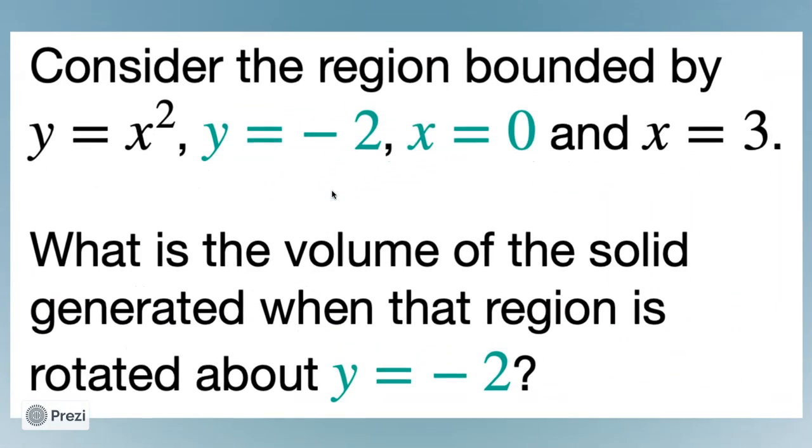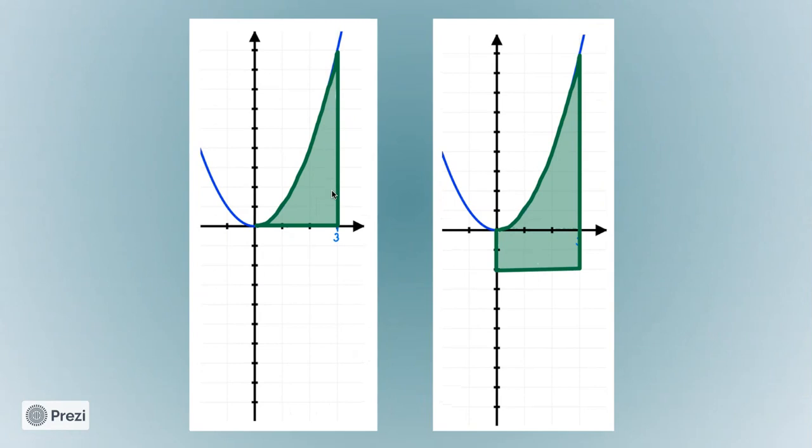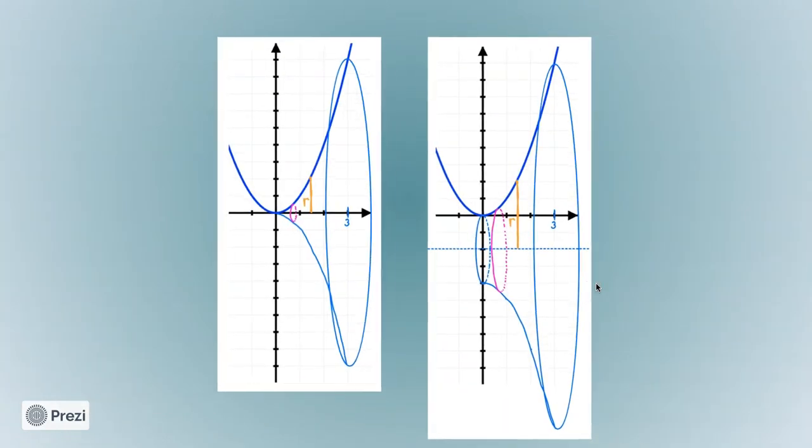So, what does it look like? The region used to be the triangle here, but we have now changed that. We have changed it by adding x equals 0 as a boundary, and instead of the x-axis we have y equals -2 as a boundary. So our region is slightly greater. Also, we used to rotate about the x-axis on the left, but now we are rotating about y equals -2.